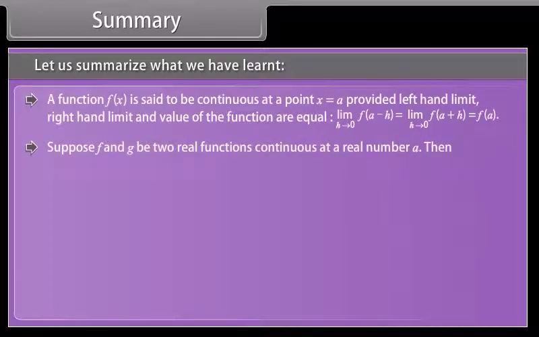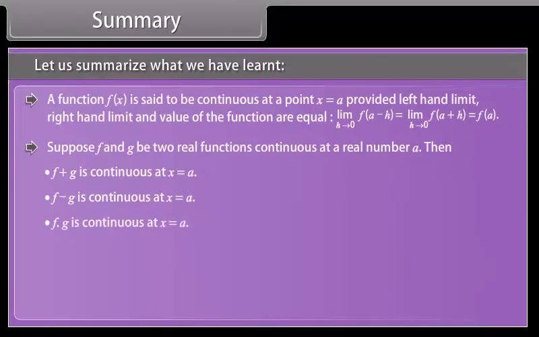Suppose f and g be two real functions continuous at a real number a, then f plus g is continuous at x is equal to a. F minus g is continuous at x is equal to a. F into g is continuous at x is equal to a.